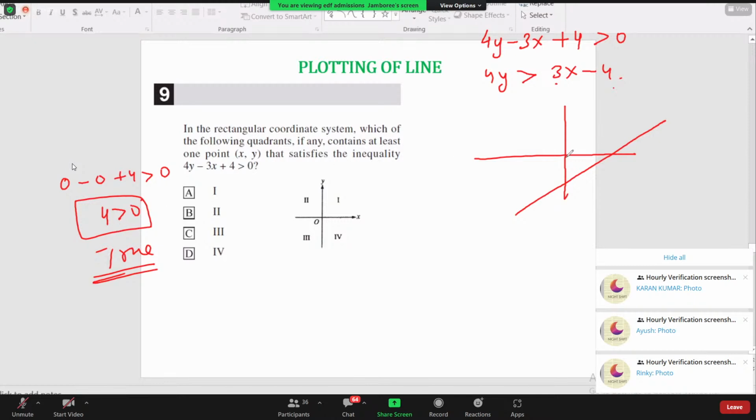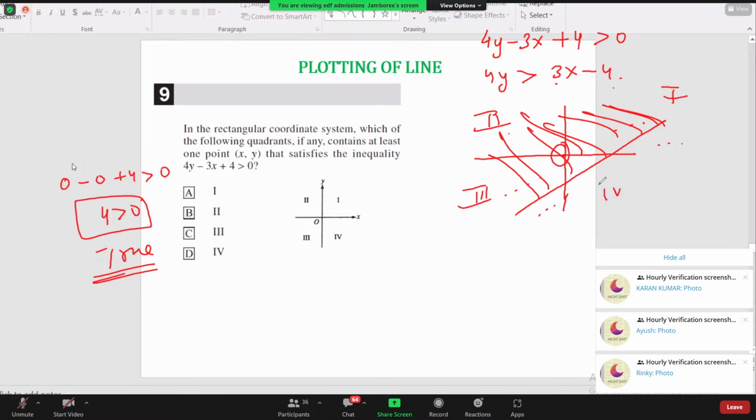So if this statement turns out to be true, that implies 0, 0, which lies on the left hand side of this line, satisfies the solution set. That means all the points above this line will satisfy. So in the first quadrant, there are few points which satisfy, few do not. In the second quadrant, all the points satisfy. In the third quadrant, few points satisfy, few do not. And in the fourth quadrant, few points satisfy, few do not.